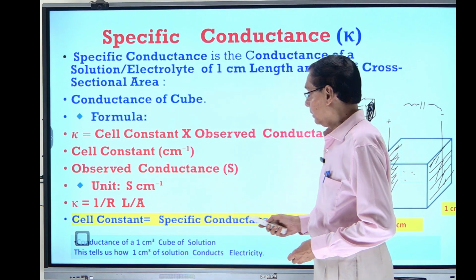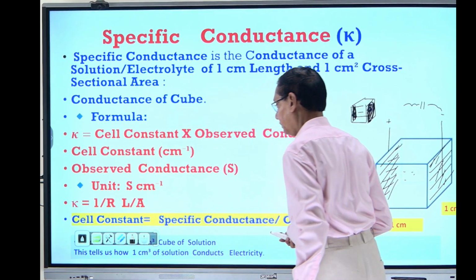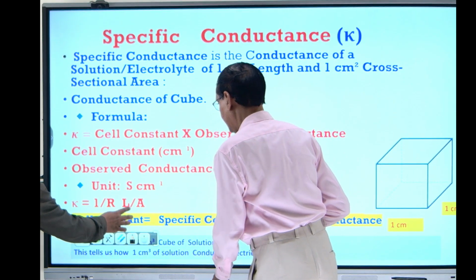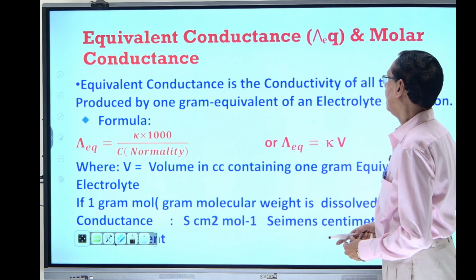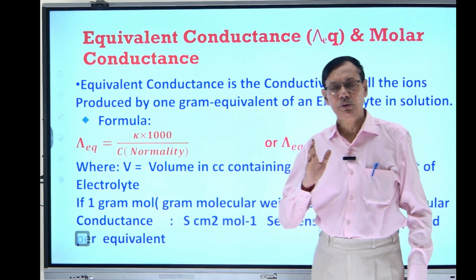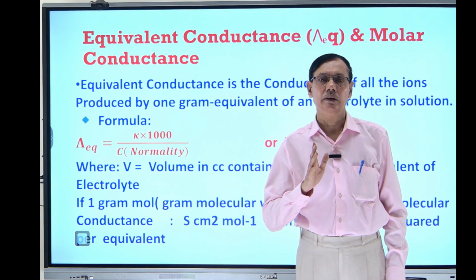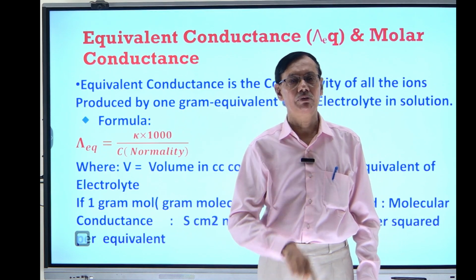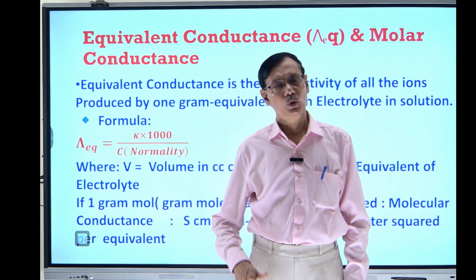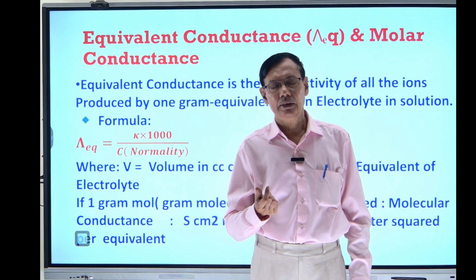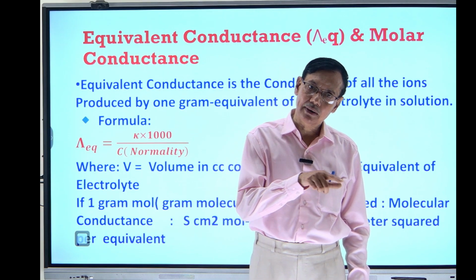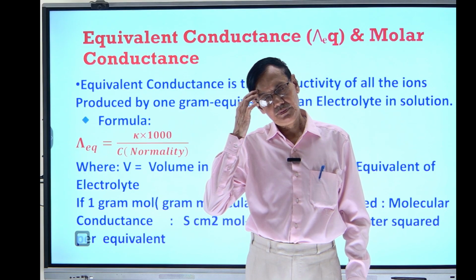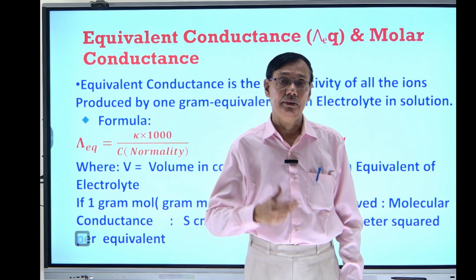Now it is related to, just like, if we are considering the equivalent weight, suppose I take 1 gram equivalent of an electrolyte, so the conductance produced by that 1 gram equivalent of that electrolyte is called equivalent conductance.